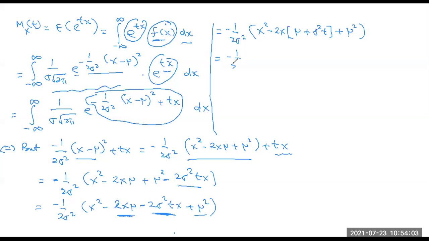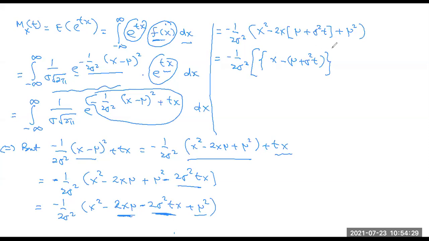So -1/2 sigma squared, you can put the square brackets here, then curly brackets. We have x minus mu plus sigma squared t, like this.